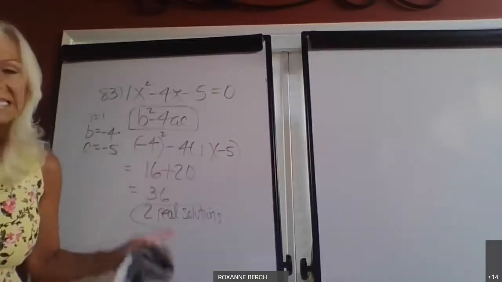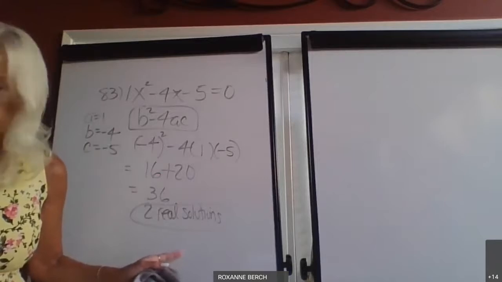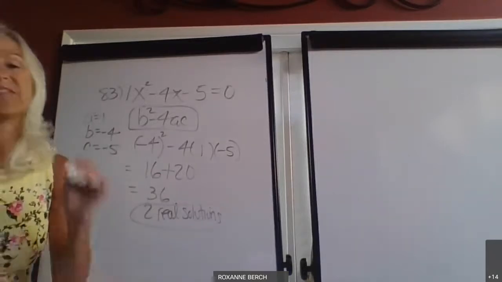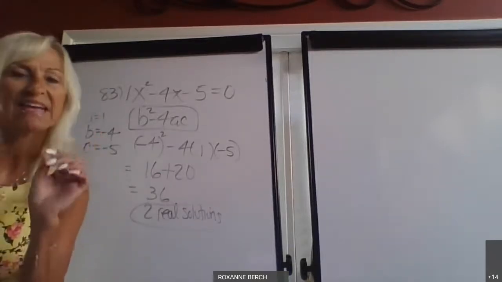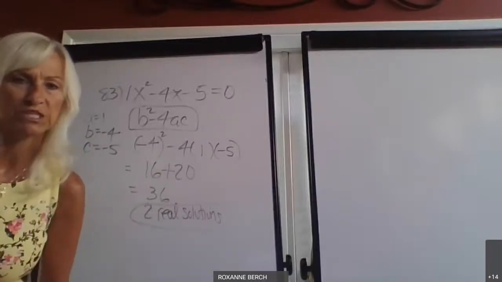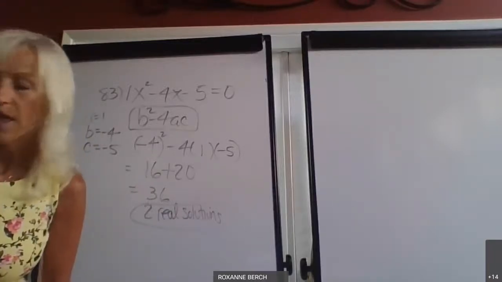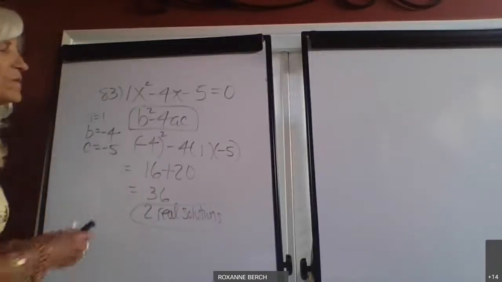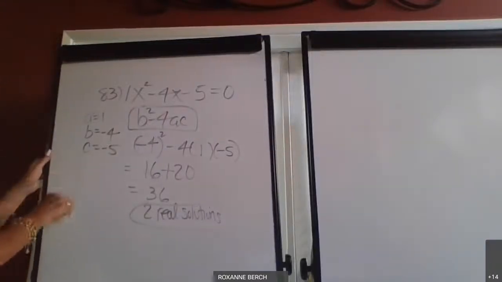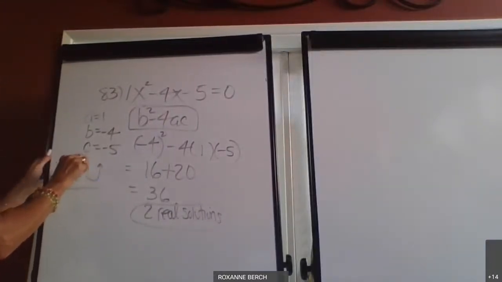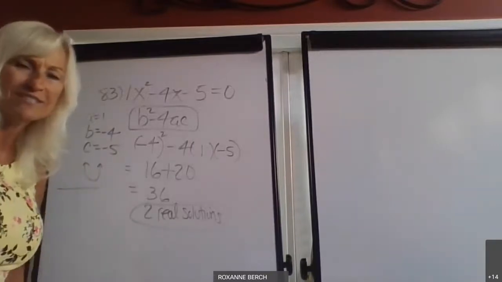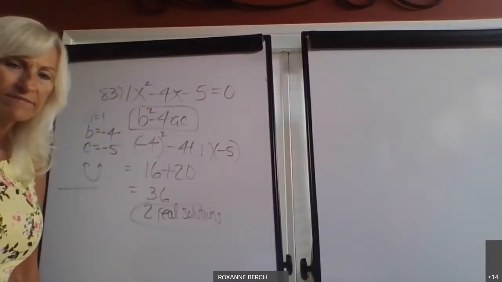If the discriminant's positive, there's 2 real solutions. If the discriminant is 0, it means that the parabola is sitting on the x-axis, and it means 1 real solution. And if it's negative, it means the parabola is not crossing the x-axis, which means no real solutions. Wait, Ms. Birch, can you repeat what you said before the negative?